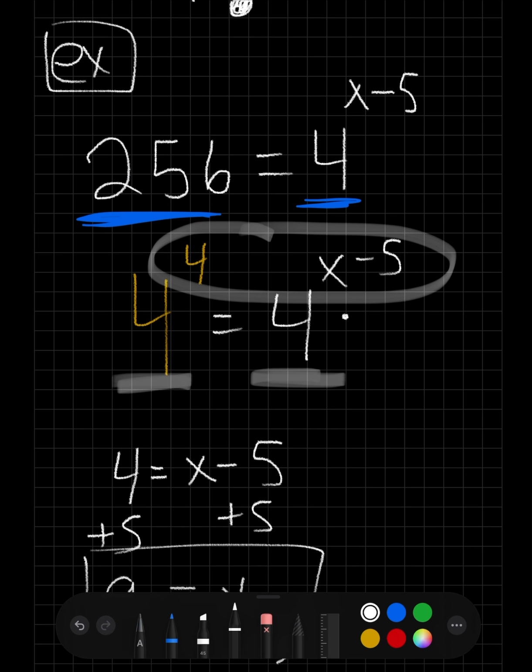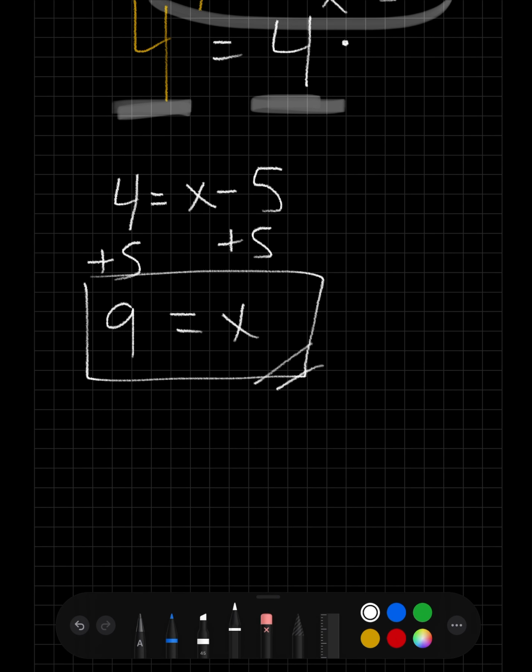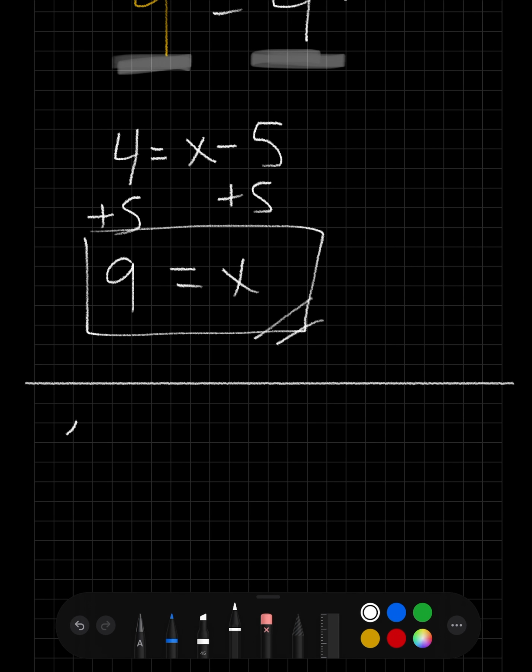Let's try one that's a little bit harder. So for this example, I saw that I had a 4 here, and I saw that 256 was way bigger than 4. So I did a little bit of work to see if I could work on that. Let's make it a little bit harder. Let's try this type of example.